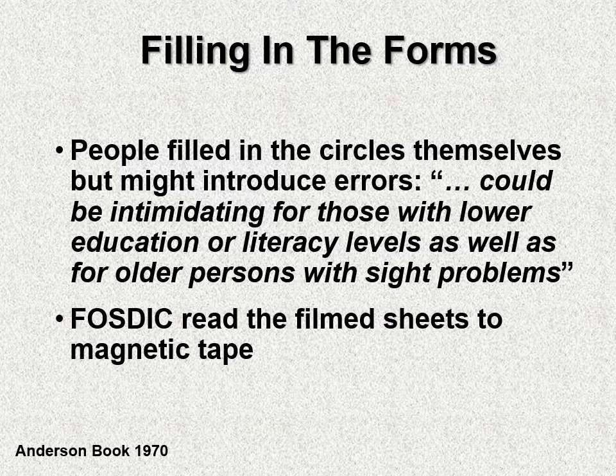So there was some concern in 1970, and this is from the Anderson book, and I'll quote that doing this by the public themselves could be intimidating for those with lower education or literacy levels. They couldn't follow instructions, as well as for older persons with sight problems. And the FOSDIC forms were then filmed and then read and put into magnetic tape. So what is FOSDIC?